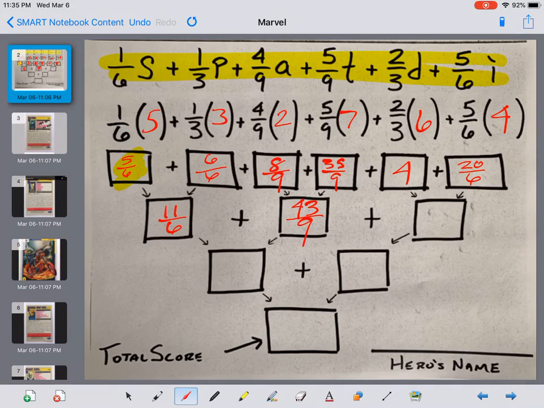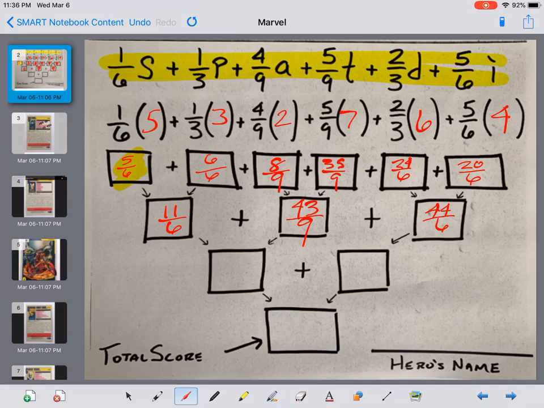And then 4 plus 20/6. And to make that easier, I'm actually just going to change 4 into 24/6, because 24 divided by 6 is 4. So it's the same value. That gives me 44/6.